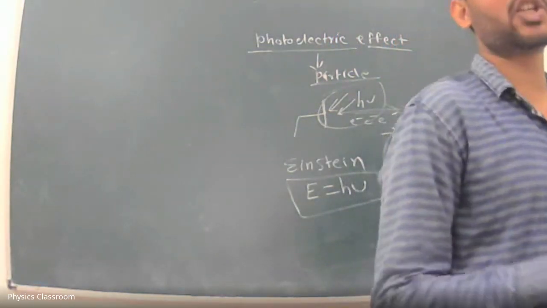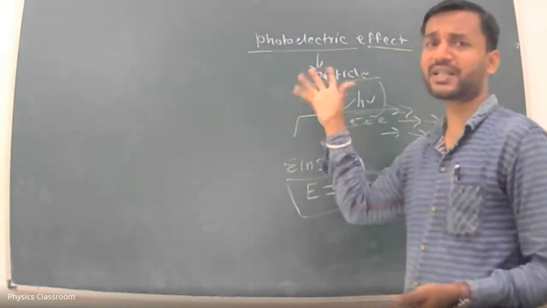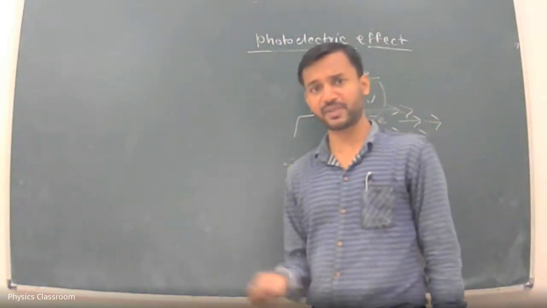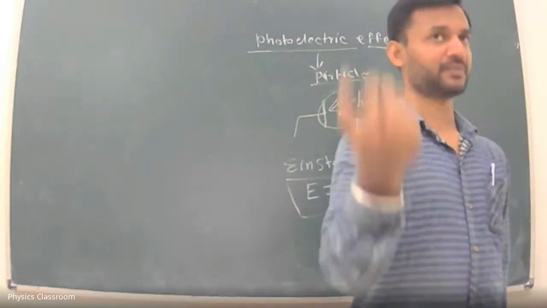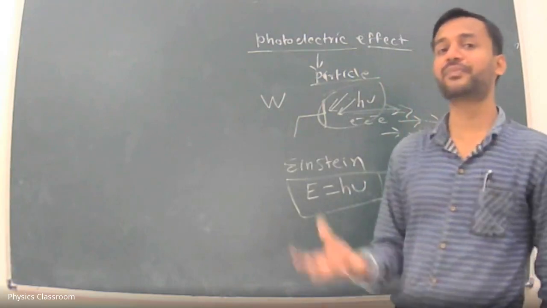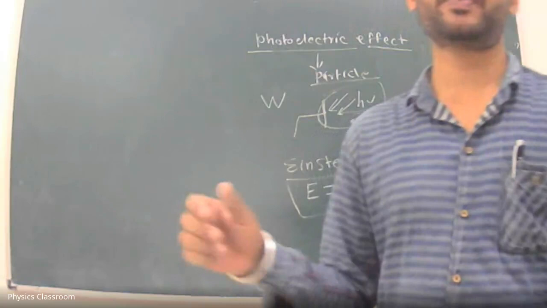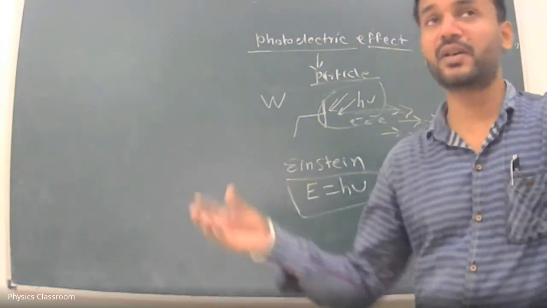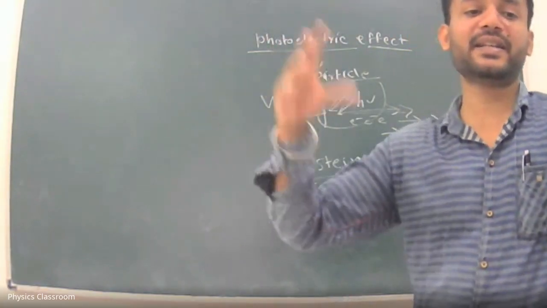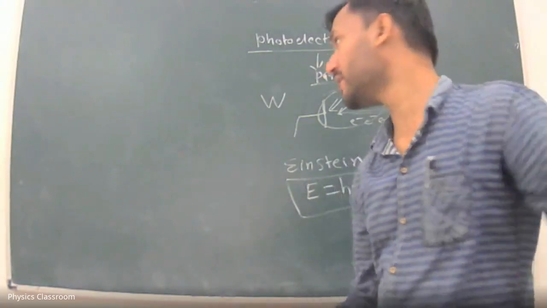What is the photoelectric effect? It is the ejection of electrons from a metal surface, just like tungsten. Many times, tungsten metal is used, which has the symbol W. The ejection of electrons from the metal surface when light is incident on it, we call the photoelectric effect.